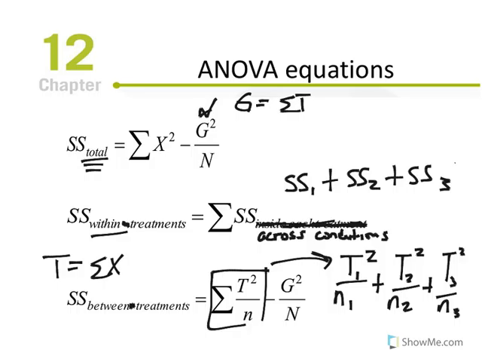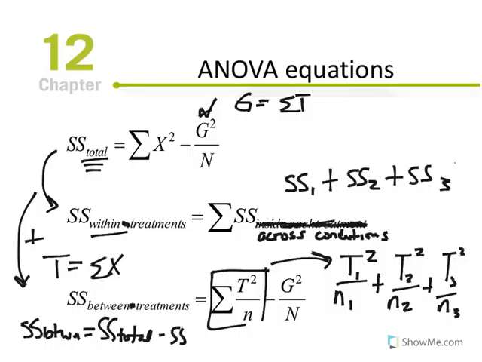Nonetheless, it's important to use this equation initially so that you can check your answers, because we have learned that SS total is SS within added to SS between. So if we begin with SS total and we calculate SS within, we can compute SS between without using this equation by simply taking SS total and subtracting SS within, which is a much easier process.